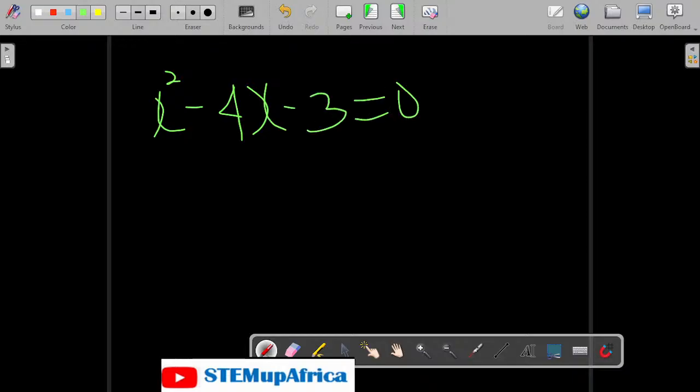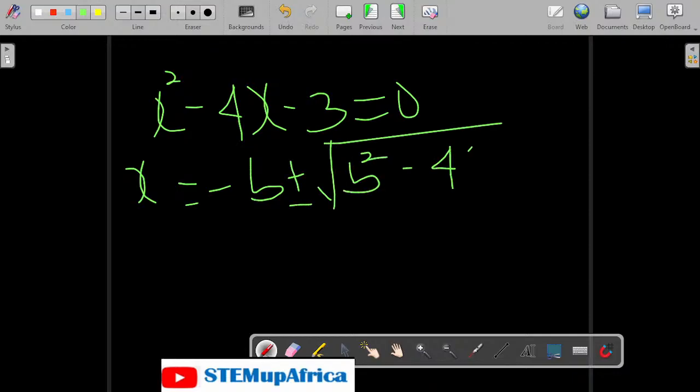I cannot factorize this. What I will do is to impute the formula method that says x equals minus b plus or minus the square root of b squared minus 4ac, over 2a. So if you compare, just as we have been doing, my b is minus 4, my a is 1, and my c is minus 3.